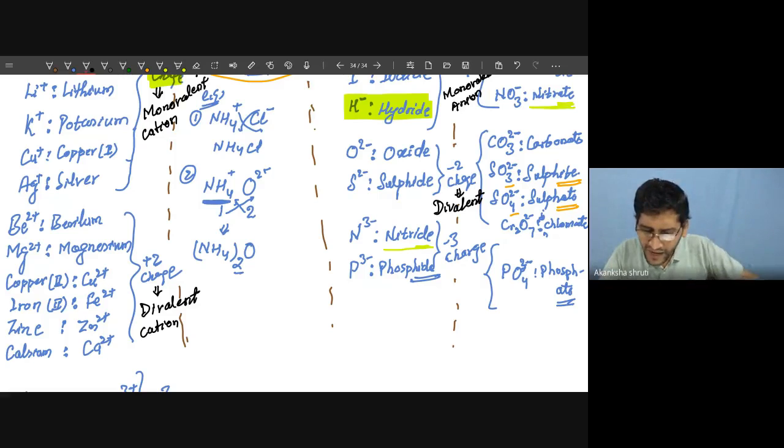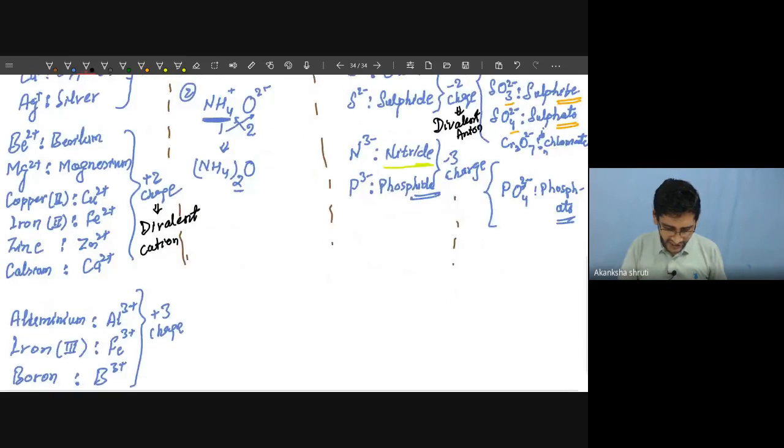And -2 means the valency 2 means it is divalent, but anion. So it is our divalent anion.